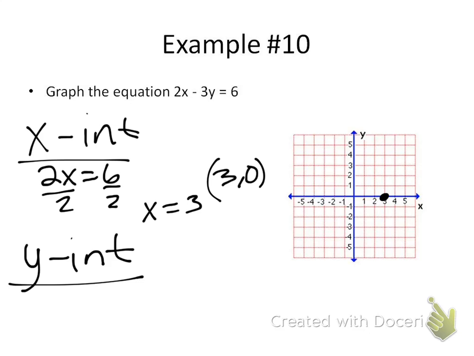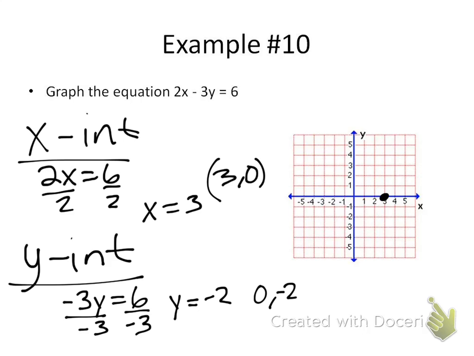When x is 0, we'd have negative 3y equals 6. So y is going to equal negative 2, so I'll have a point at 0, negative 2. That's enough points to draw a line. And we're done.